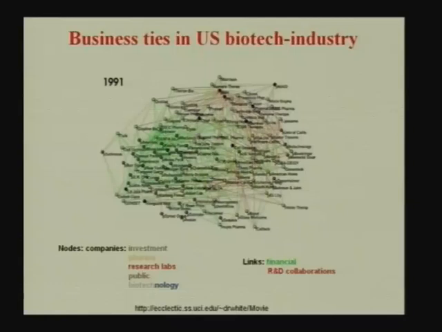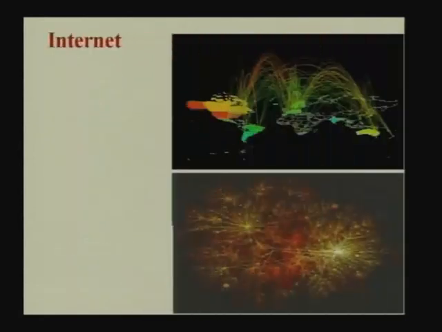This is a network of business ties in the US biotech industry, and you see very complex networks emerging, where there are investment, pharma, research lab, public undertakings, financial links, R&D collaborations, etc., making it a heterogeneous complex network. Take this example.